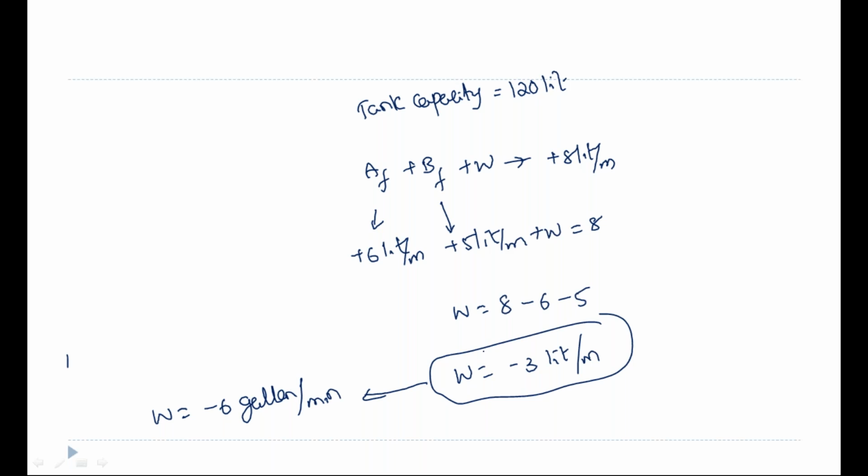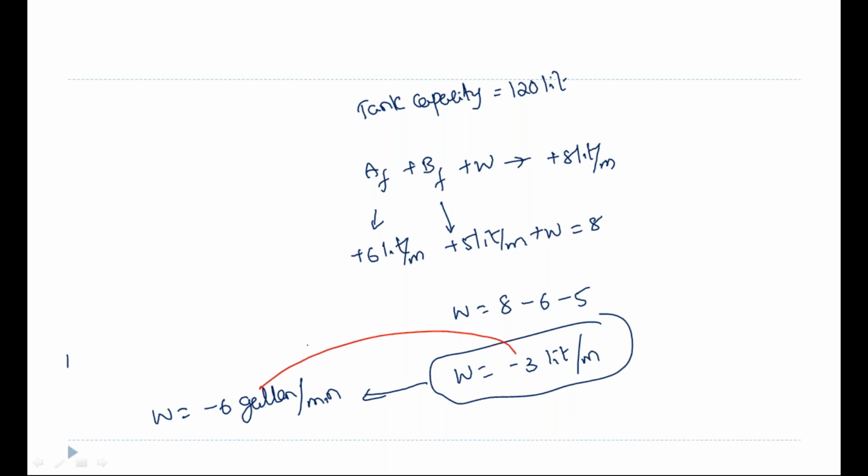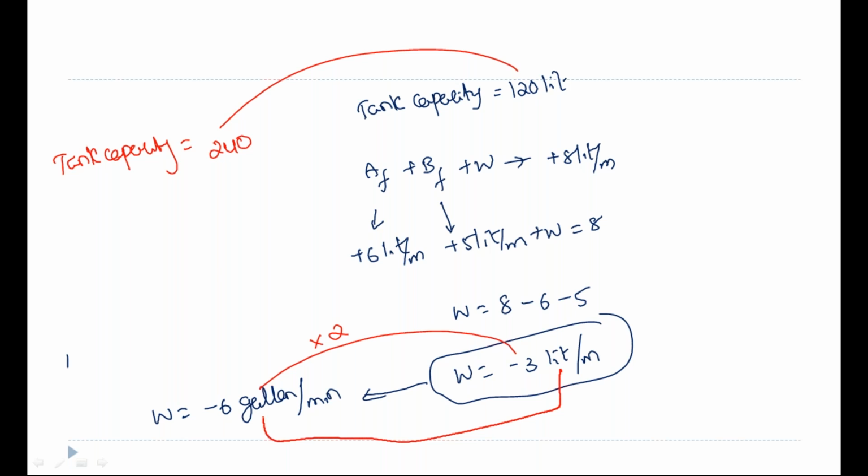Both are per minute, but this is 3, this is 6, into 2. That's why the tank capacity here is 120, and here I should get 240, but in place of liters they use the word gallon.